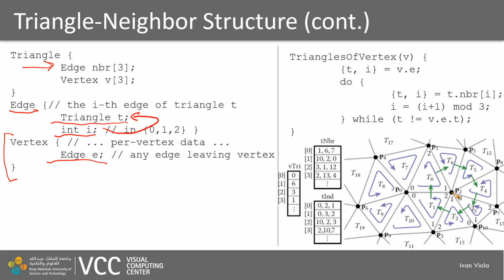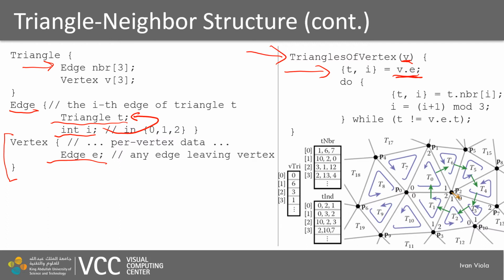Now let's have a look at how we can compute the proceeding when we want to find all the triangles around a particular vertex. So our input is the vertex V, and we will first find out what is its corresponding edge. That will give us the pair of a triangle and an index of the edge.